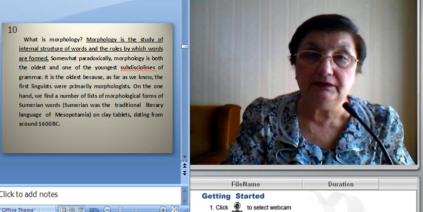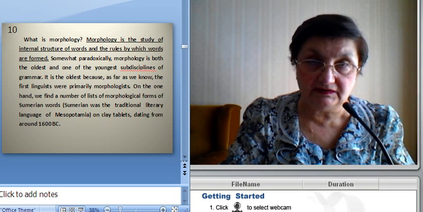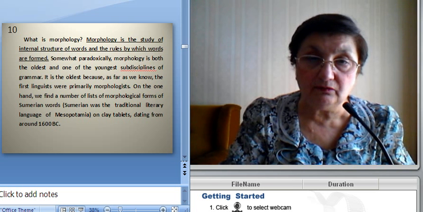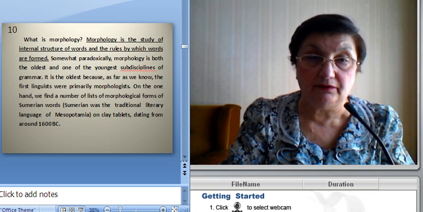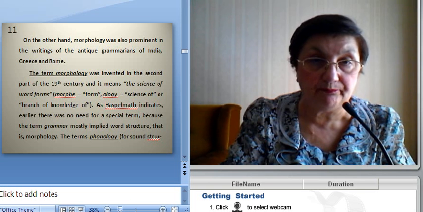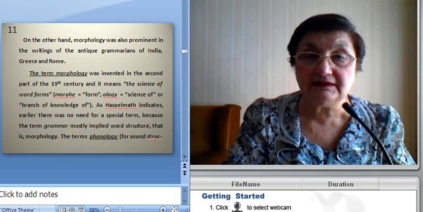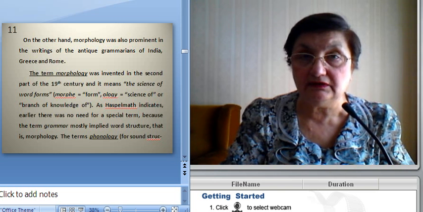We know that Sumerian was the traditional literary language of Mesopotamia. On the other hand, morphology was also prominent in the writings of the antique grammarians of India, Greece, and Rome.